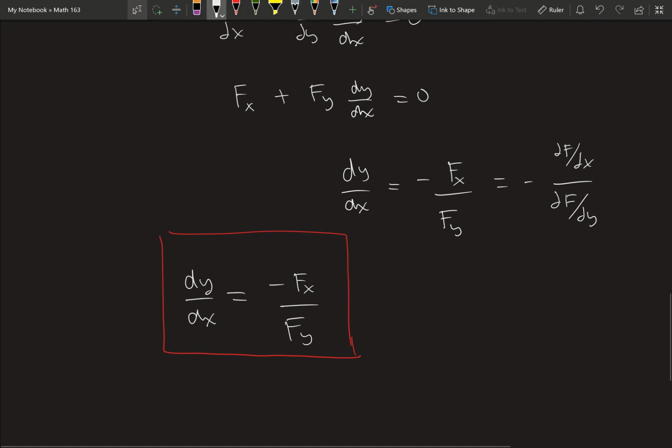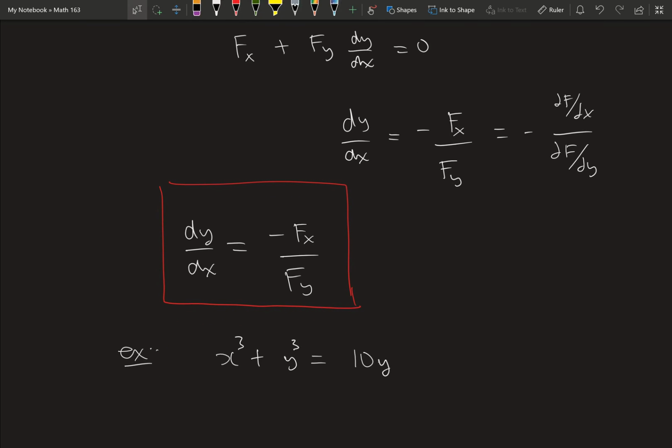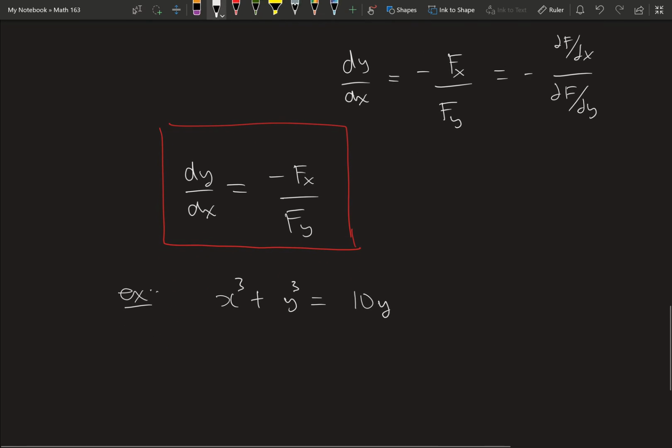And let's just do one example. So let's say we have x cubed plus y cubed is equal to 10y. And we want to find an expression for dy dx.